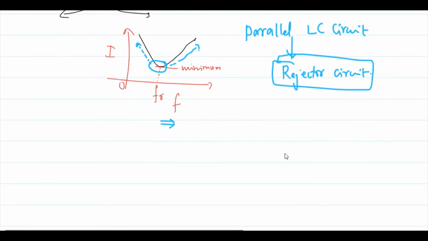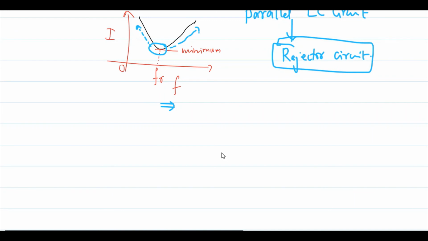An example is radios, where we use these circuits as filters to filter out a particular frequency that we don't want to receive. In radios we use this parallel LC circuit as a filter.